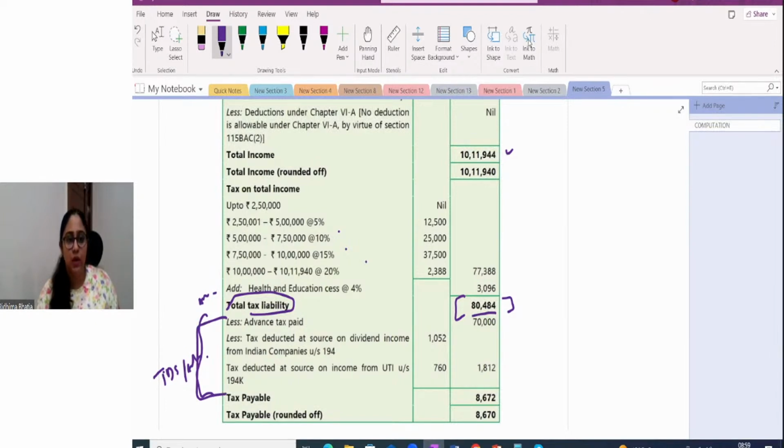Manisha Ben, surcharge could come when, if it is above 50 lakhs, then only surcharge would come, both in 115BAC and normal regime, same. Shall I proceed? सबके answer मैच हो गए. टैक्स मैच हो गया.